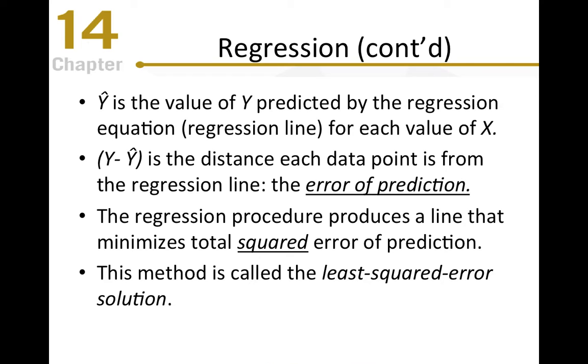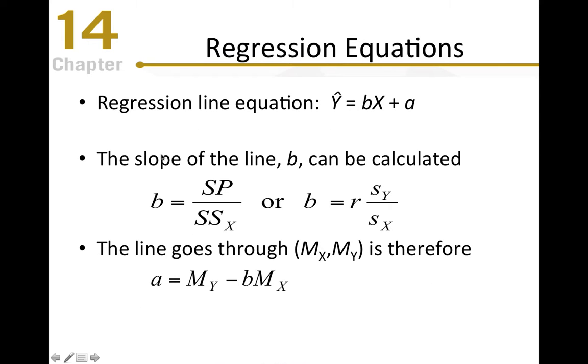This is called the least squared error solution. This method gives us an idea of which regression equation is most appropriate for our data and includes the least amount of error. So the real question becomes, how do we find this best fitting line?